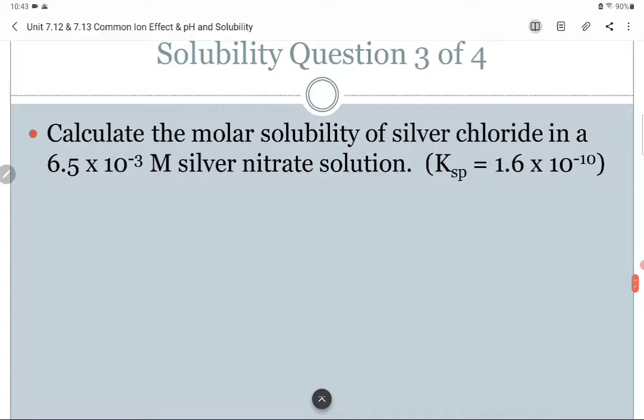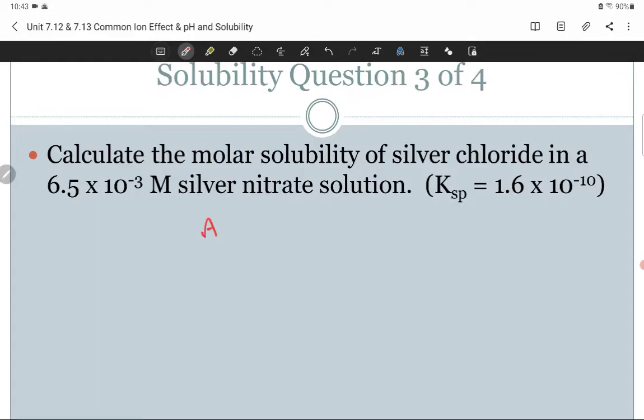Molar solubility of silver chloride in a silver nitrate solution. So let's write that out for the dissolution. And instead of a 0 for silver ions, we have a 6.5 times 10 to the negative third here. I probably wouldn't have bothered writing these out anymore.